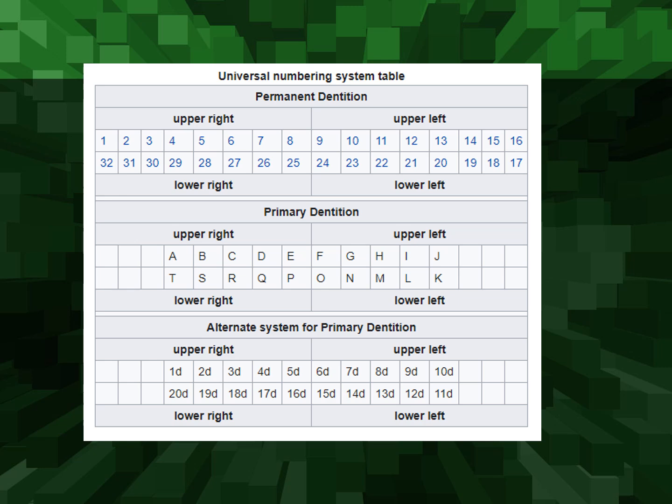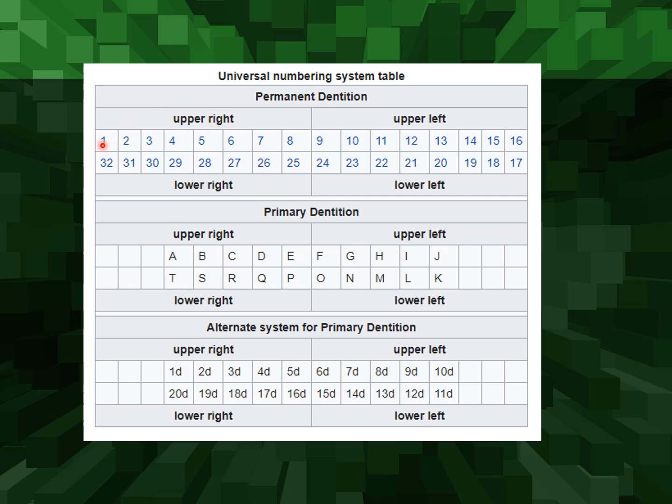In this table, they are shown a universal numbering system for permanent dentition and primary dentition.